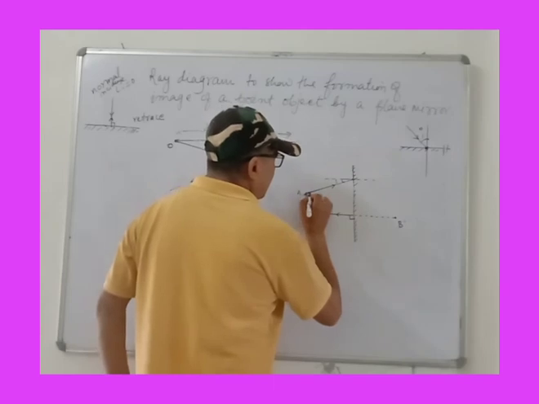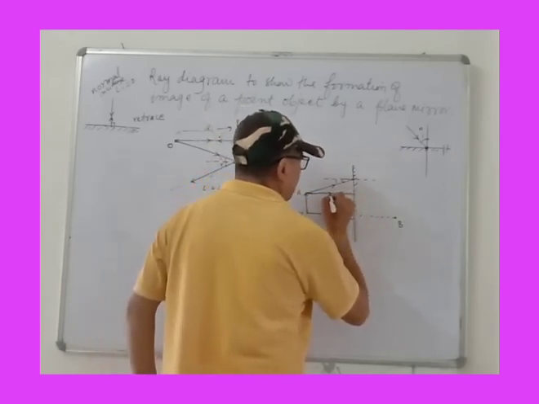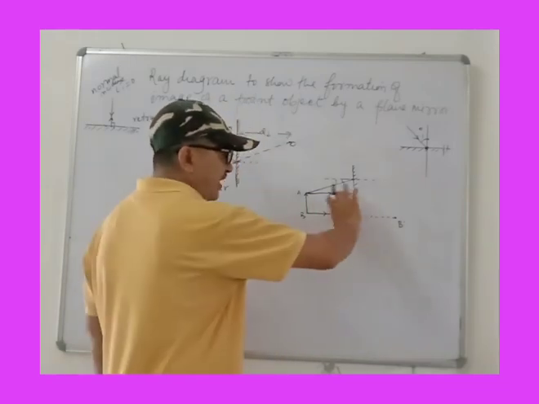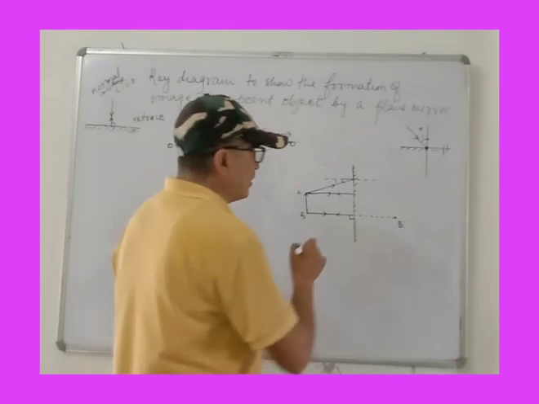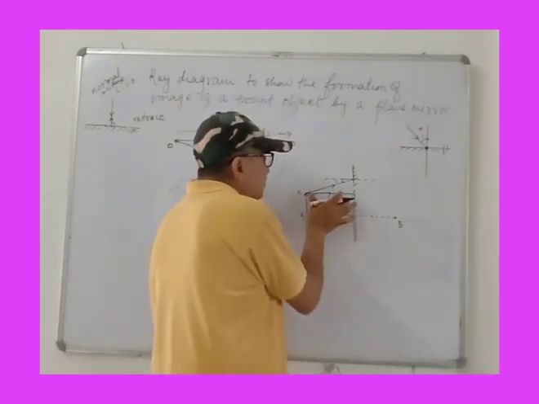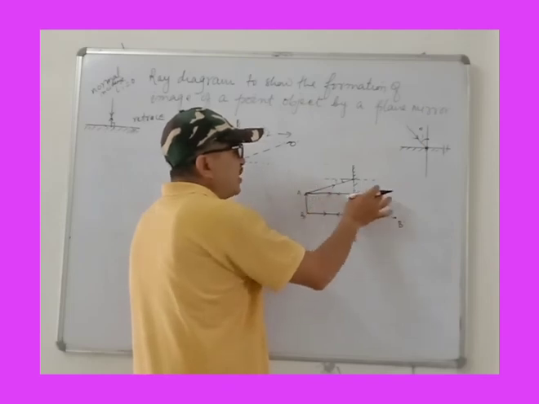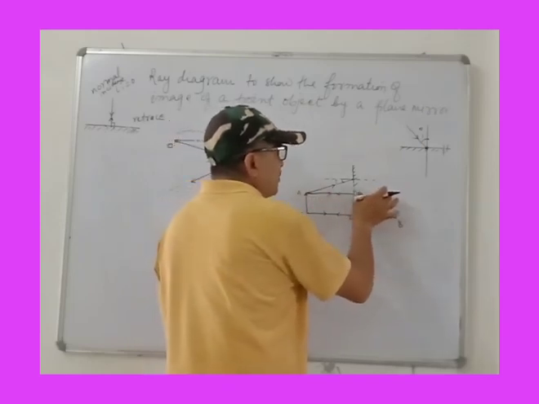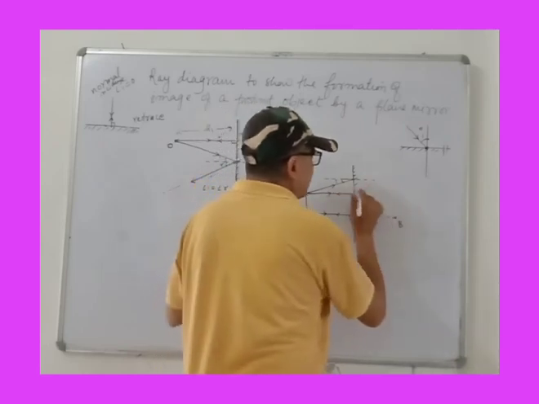Let's take another ray from the head of the object, straight at a right angle, and obviously it will retrace its path. The distance of the head of the object will be equal to the distance of the head of the image, this distance will be this distance.